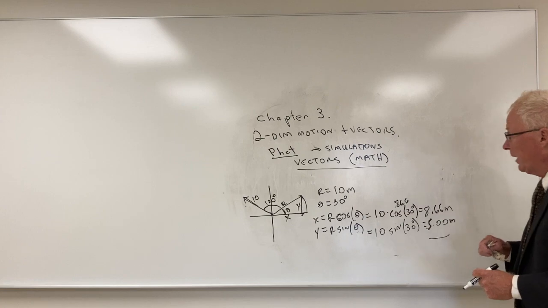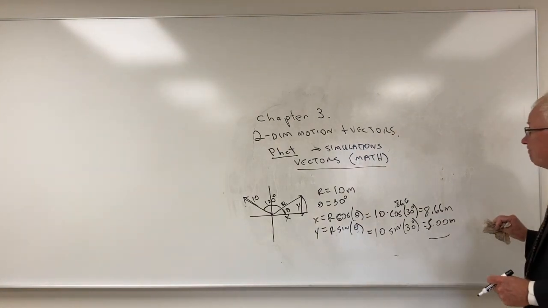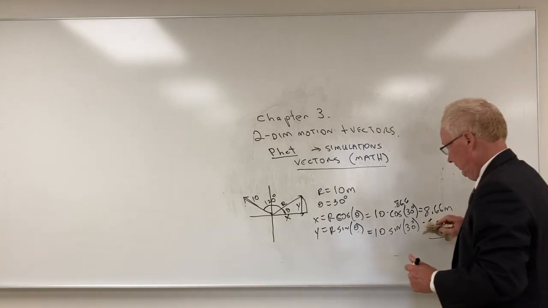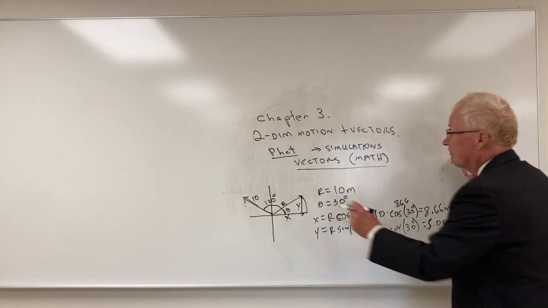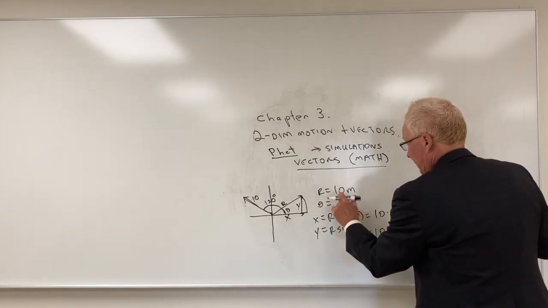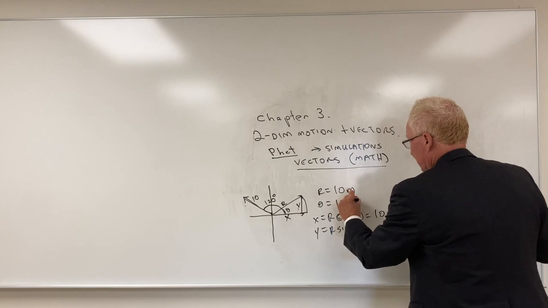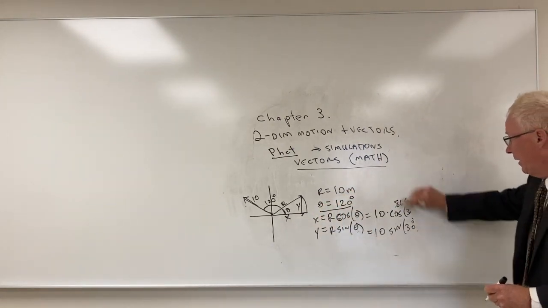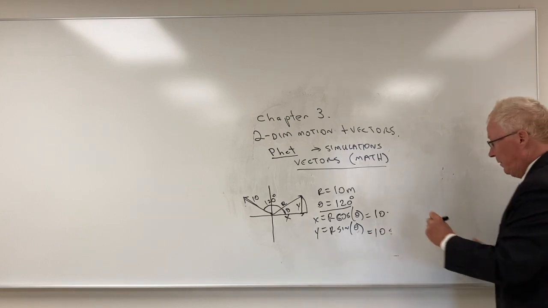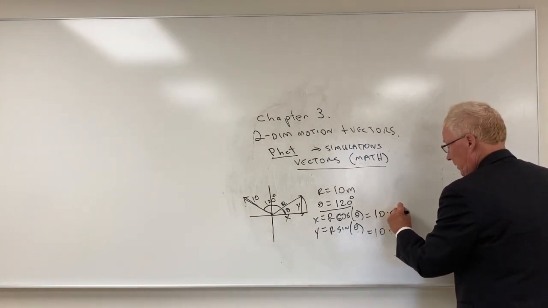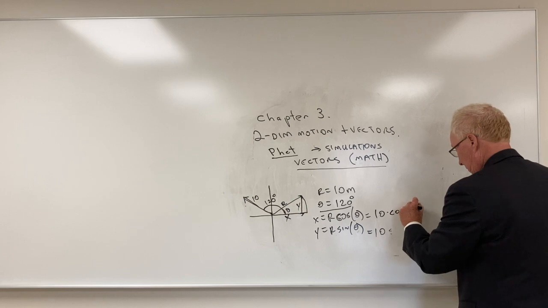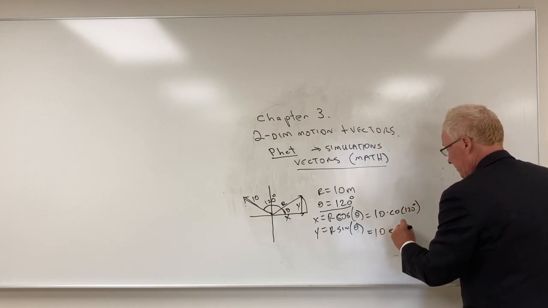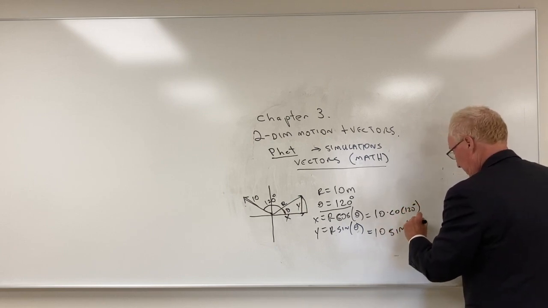Then we would have X as R times cosine of 120 degrees, and Y as R times the sine of 120 degrees.